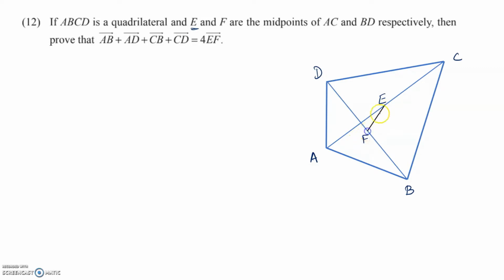Okay, so I'm going to mark these 2 points as E and F. Then we need to prove that AB plus AD plus CB plus CD is equal to 4 times EF.